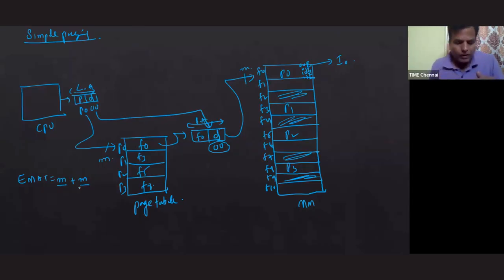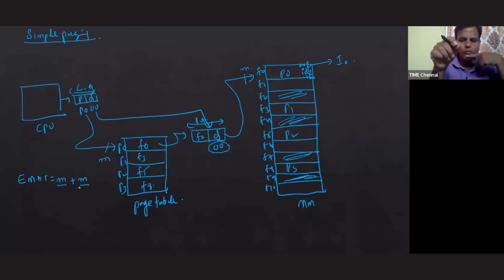For the CPU, referring 1 time to main memory itself is slow, because normally we take the CPU speed in terms of nanoseconds. 1 nanosecond equals 10 power minus 9. And CPU and main memory access time I am taking in terms of microseconds. 1 microsecond equals 10 power minus 6. So a huge speed mismatch is there between main memory and the CPU.